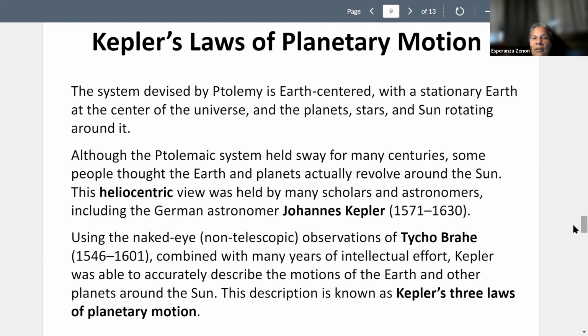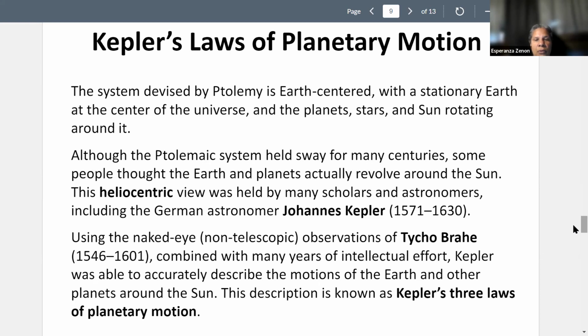But it took scientists like Kepler and Tycho Brahe to come along and have some better tools and do some better observations and analysis to help us understand that these wandering stars are actually planets, and they actually move around the sun, right?